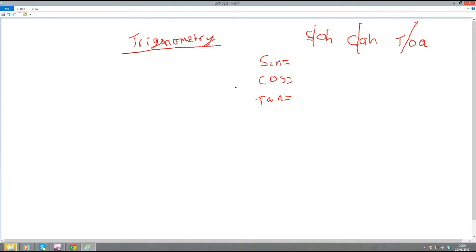So S stands for sin, OH is the formula, so O divided by H. C, once more, is right there, and it's easy to remember with the formula AH. Tangent is T for that, and OA. So you must remember this.